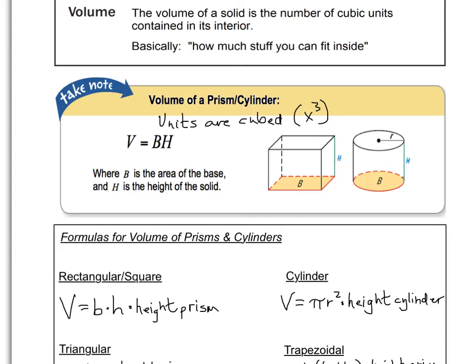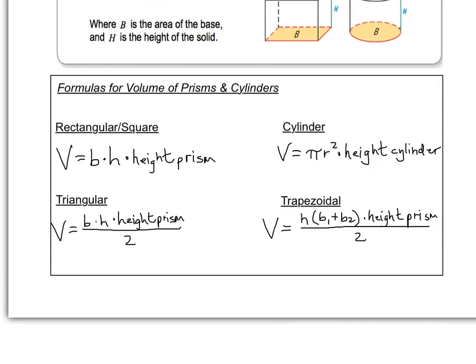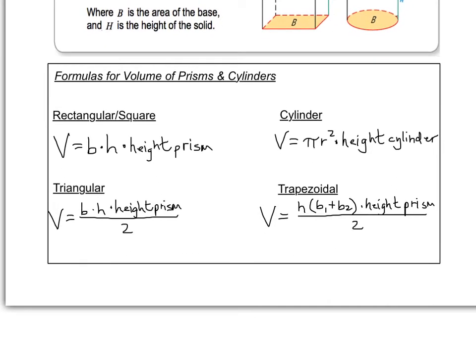In the cylinder, I'd find the area of the bottom, which is the circle, times the height of the cylinder. Now, again, you're going to want to write these down in your formula sheet. I've broken these down. Some of these are on your formula sheet already, I believe. Some are not. So make sure that you check and see which ones are and aren't, and that you have them written down individually.